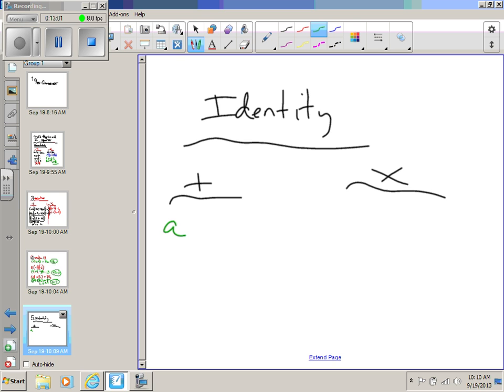So if I have the letter A, and I want that A to stay exactly the same, what am I going to add to it to keep it exactly the same? Chris? Yeah. I made no changes to it. Stays the same.